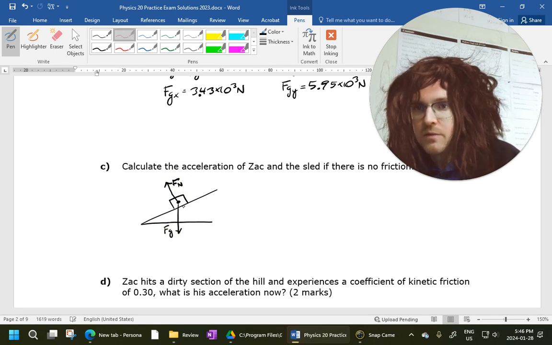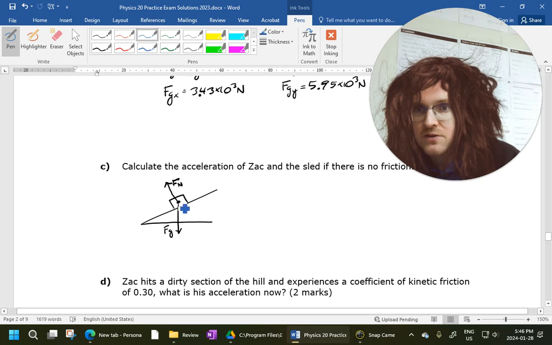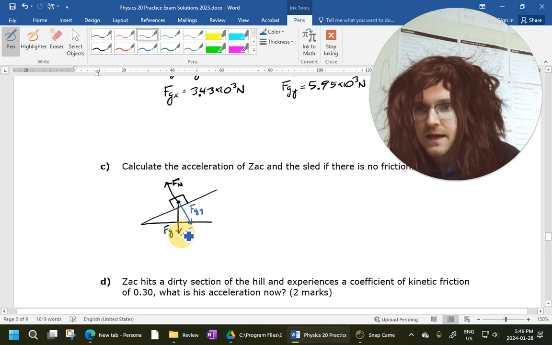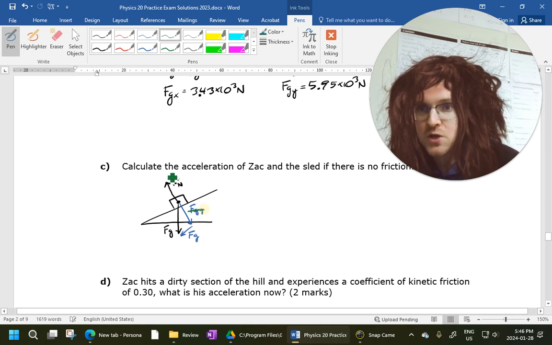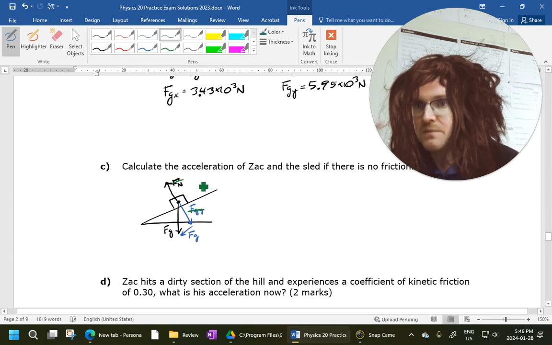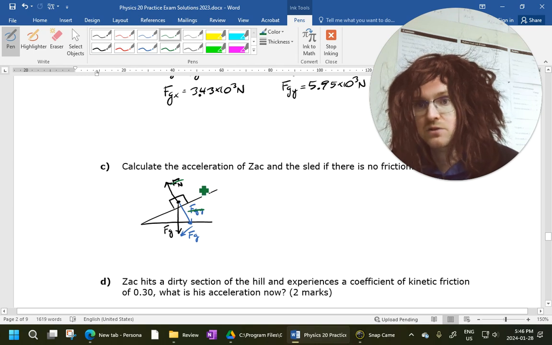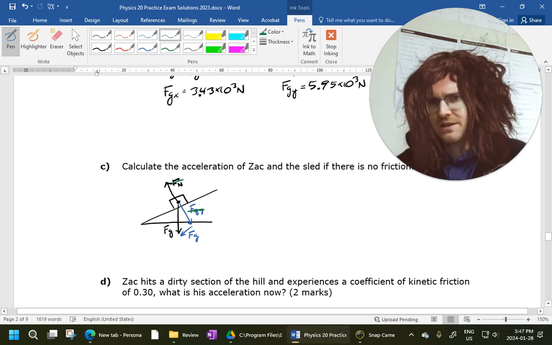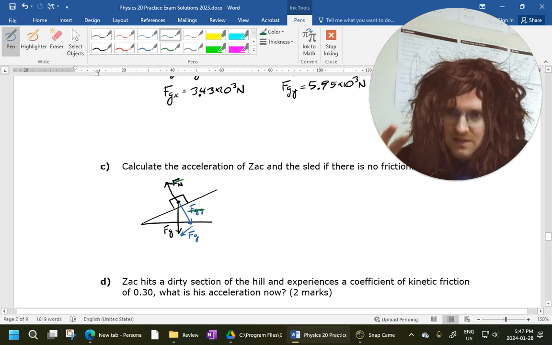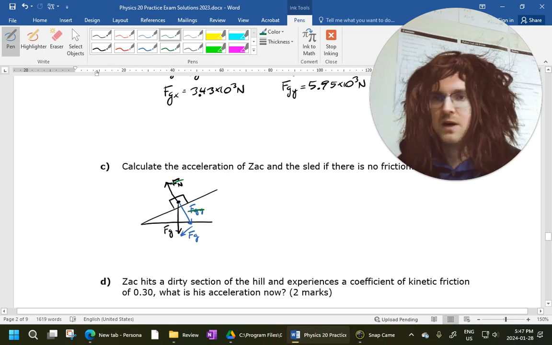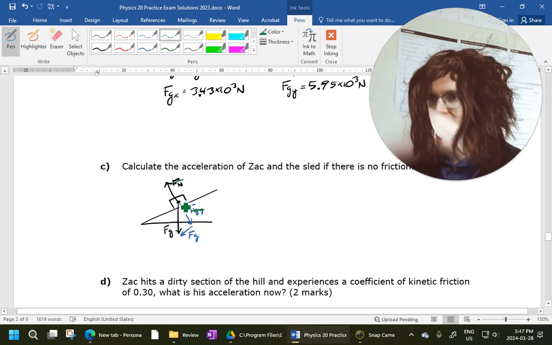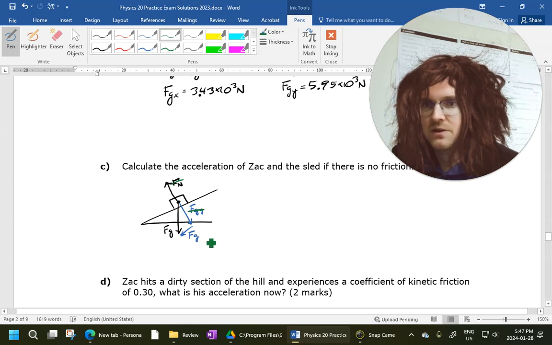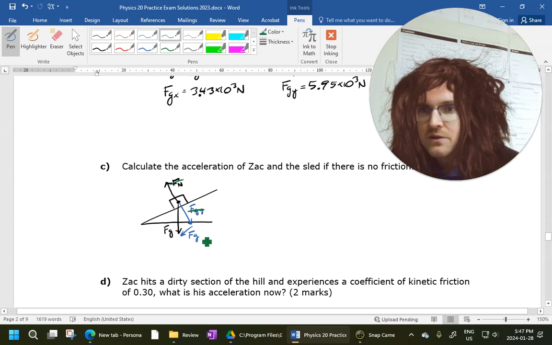So what we know about these two forces here, the FGY and the FGX, well, the thing about the FGY, it's going to cancel with the FN. They're going to be the same magnitude but in opposite directions. There's no other forces, not like they're pushing down into the hill like someone else is doing that, or someone's lifting it up off the hill. So these two forces are going to cancel each other out because all we're doing is just sliding up and down the hill. So the only two forces we have are the ones that are going up and down the hill.